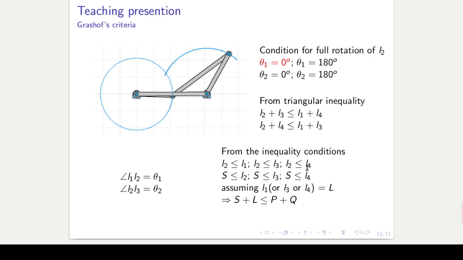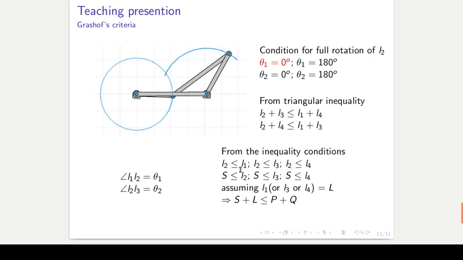If we see these three relations, we can see that L2 has to be the smallest among all the links, right? So in the place of L2, I'm going to write S, just to represent that it's the smallest.